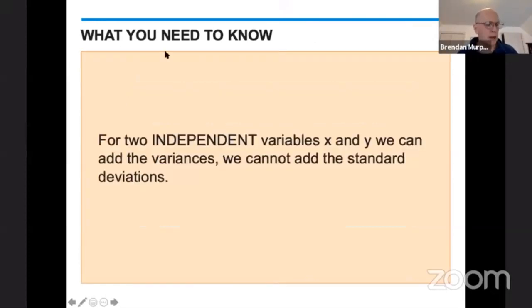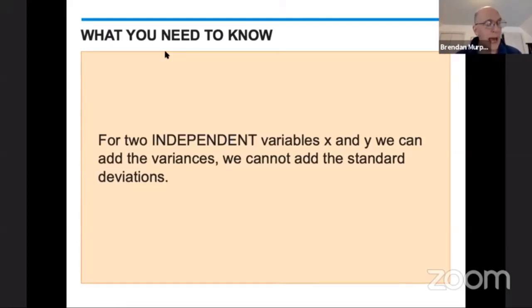We're going to talk about adding means and standard deviations. For two independent variables, X and Y, we can add the variances. We cannot add the standard deviations. That's a little tricky. My students will sometimes struggle with that, and I think I have two multiple choice questions that try to get right to that topic.